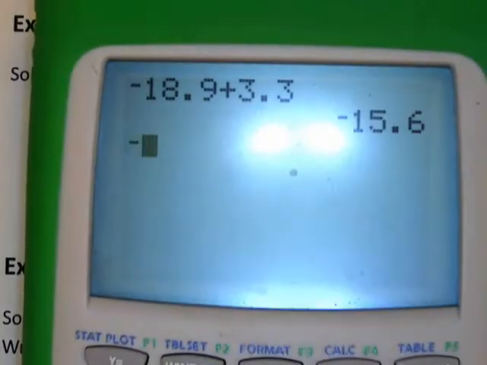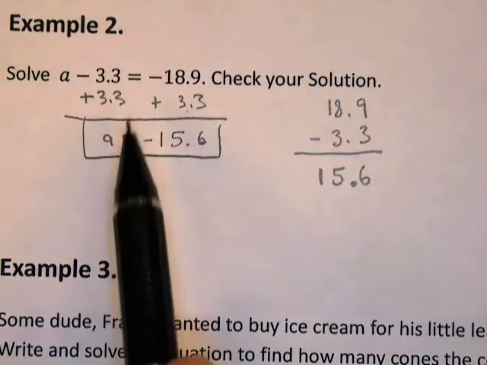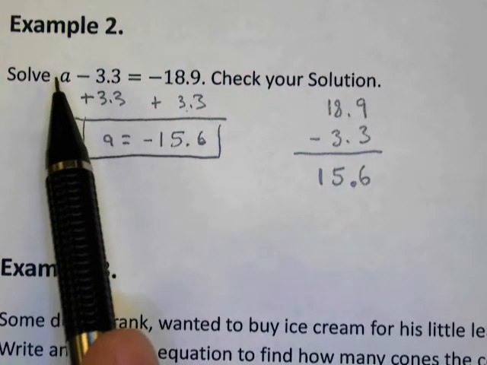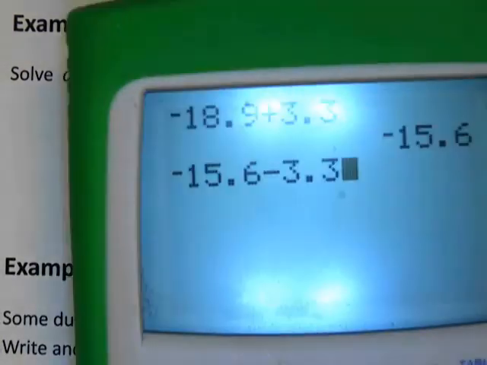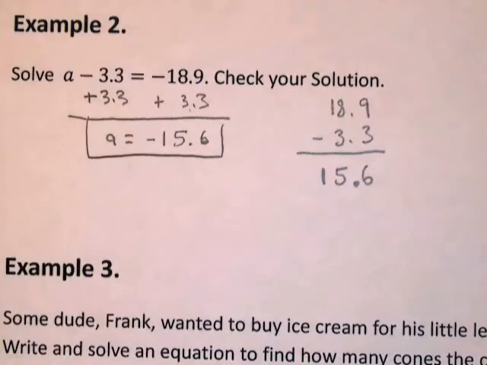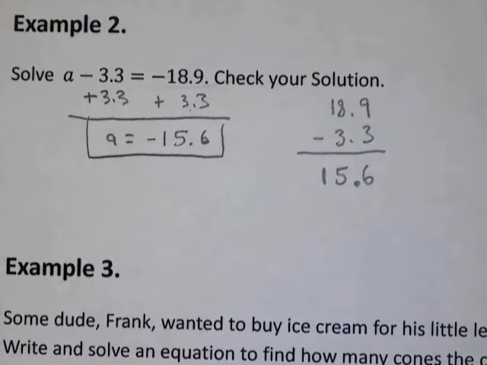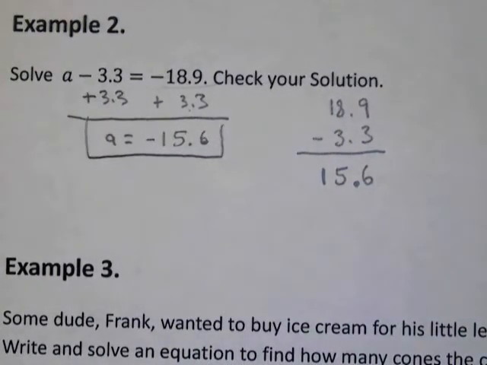So we have negative 15.6 minus 3.3, and we end up getting, enter button, negative 18.9. Everything checks out. That means that this answer is correct because we're ballers.